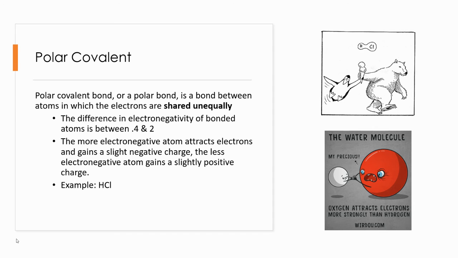Remember, electronegativity is the ability of an atom to steal electrons in a bond. So the more electronegative atom attracts those electrons more, and that means it's able to pull and hold those electrons closer to itself, and this creates a semi-negative charge on that particular atom.